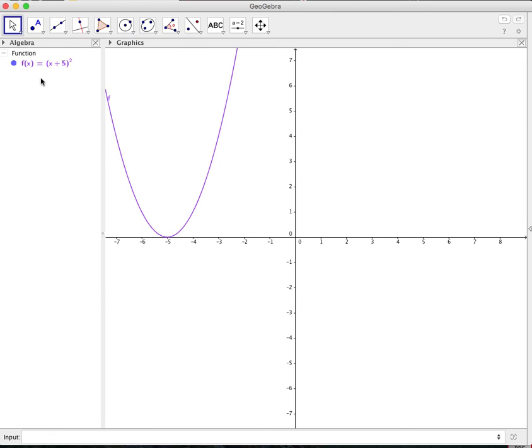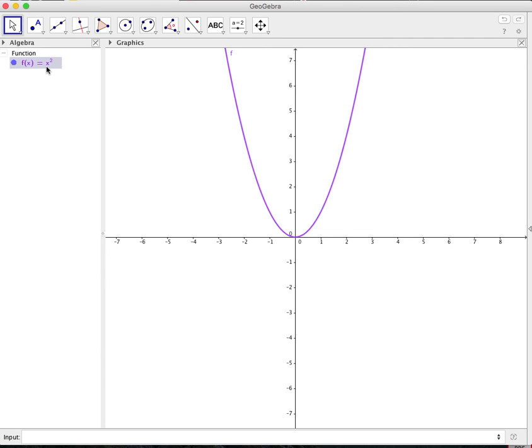Now let's go back to our x squared. Here we have our x squared. Now instead of x squared, let's have 2x squared. What's going to happen now?